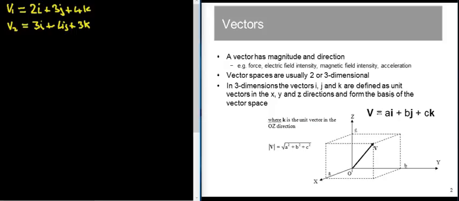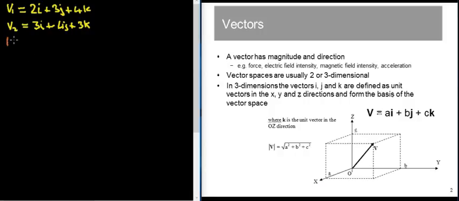Good. So as I mentioned over here, the magnitude of any vector is the square root of the sum of the squares of each of the unit vectors that make that up. So let's have a look at v1.